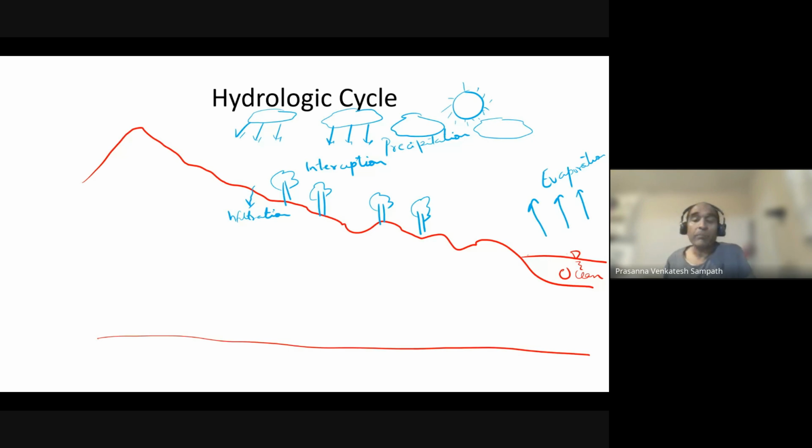Anyway, so the water might enter into the land surface through this process called infiltration. Now, different people use different words to describe the same process. They may say percolation, they may say recharge, they may say infiltration, they may say seepage. All these words kind of indicate the same process, right?